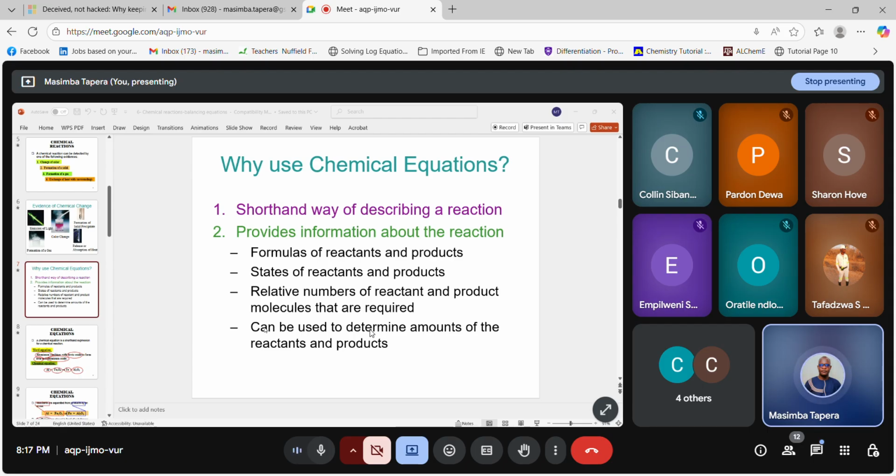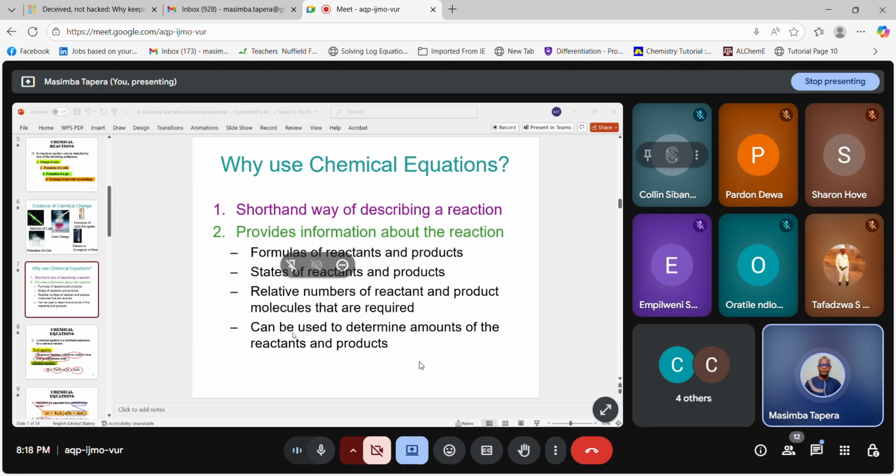We'll show you using a typical example how we can show the physical states, whether it's a solid, whether it's a liquid, whether it's a gas, or it's in aqueous phase in solution. And we can also show the relative numbers of moles of the reactants and the products.